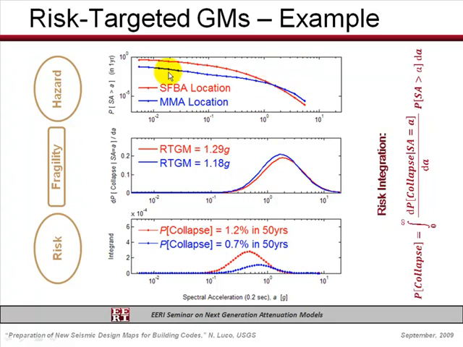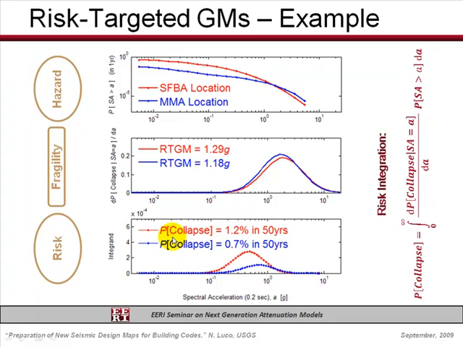And then you basically just point by point multiply the two values in these curves, and you get this bottom curve here, and then you sum the area underneath it in the integral, and you get a 1.2% in 50 years probability of collapse for the San Francisco location, and a 0.7% in 50 years probability of collapse for the Memphis location.